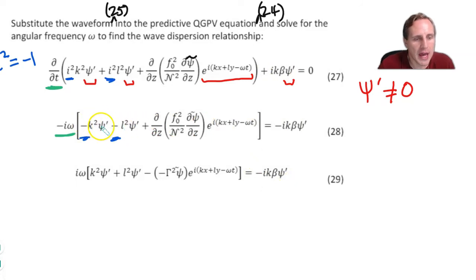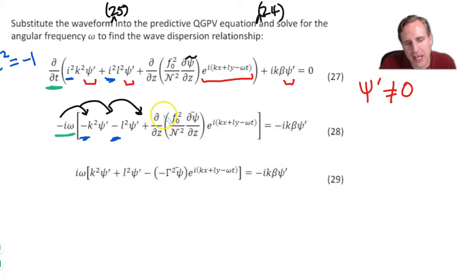Now, each of these terms has a negative on it, but we also see that there's a minus on this side now. So let's leave the minus on this side, and have the minus sign go into all of these terms by distribution. So we have I omega k squared psi prime plus L squared psi prime.